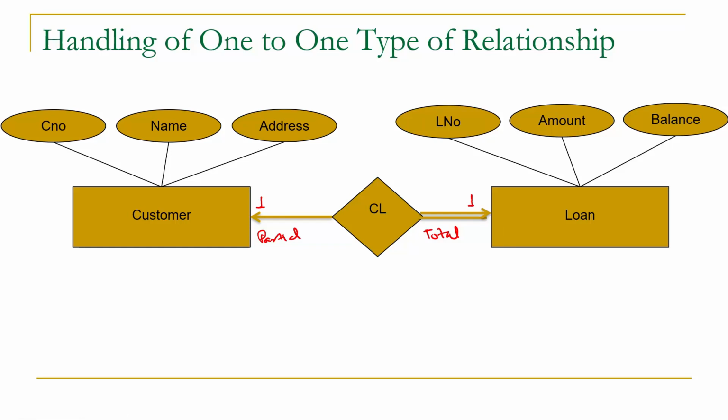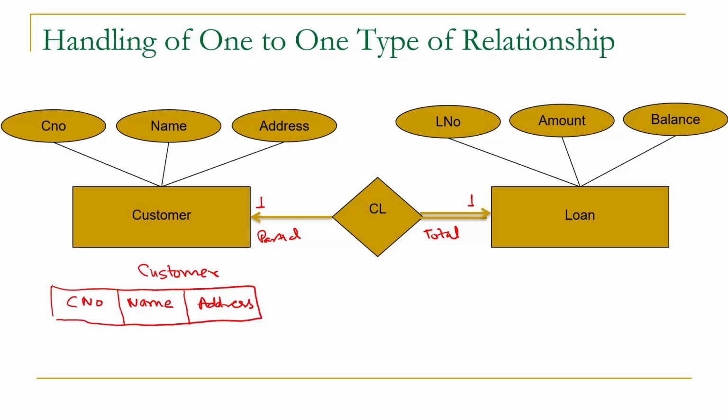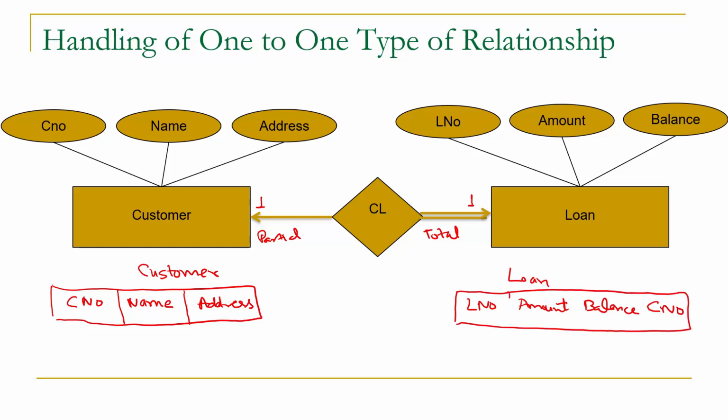So in this case there will be two tables. One table will be customer, and in the customer table we will have three columns: C number, name and address. And in the loan table we will have the columns loan number, amount and balance.